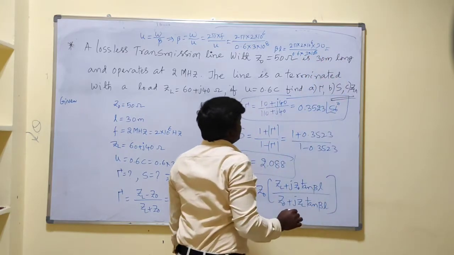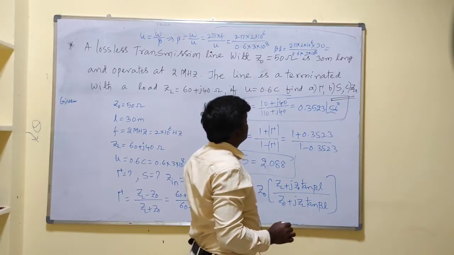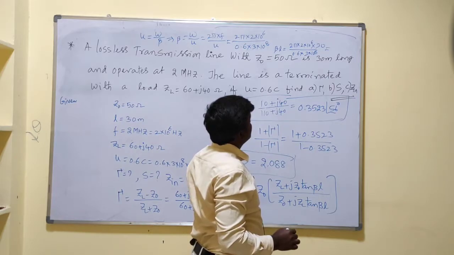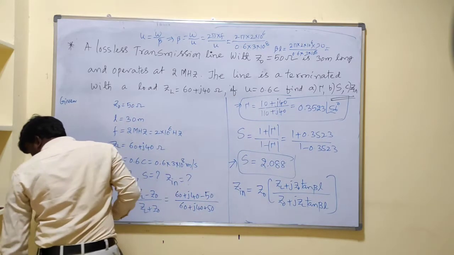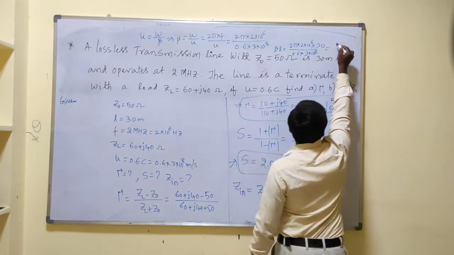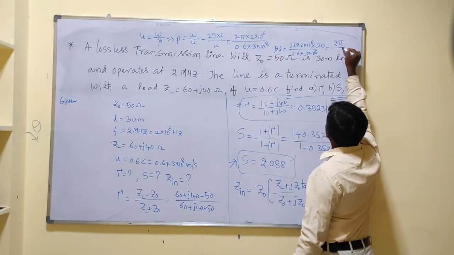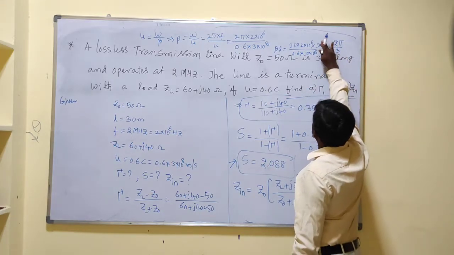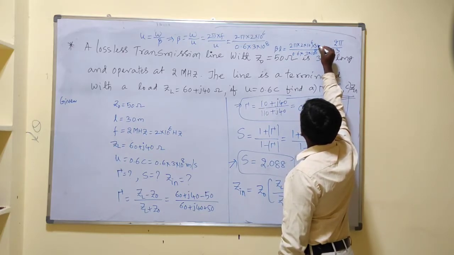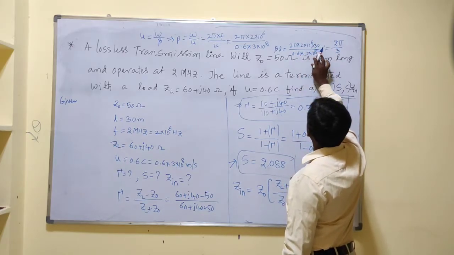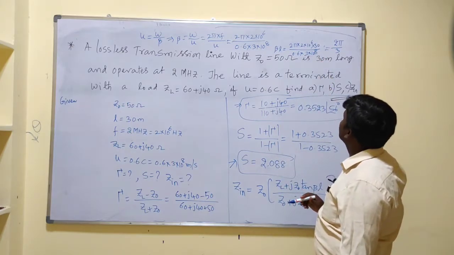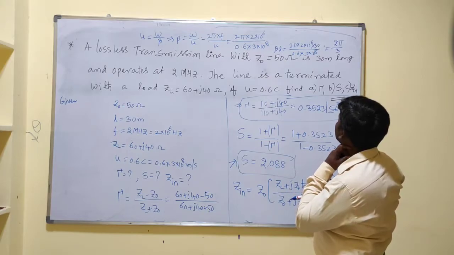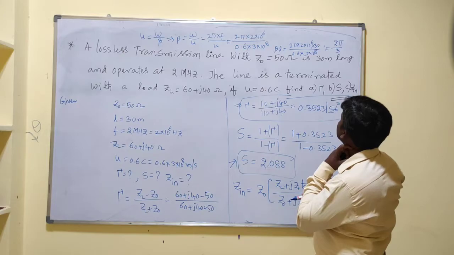After simplification, we will get 2 pi by 3 into 30, over 0.6 into 10 to the power 8. That can be written as 6 into 10 to the power 7.